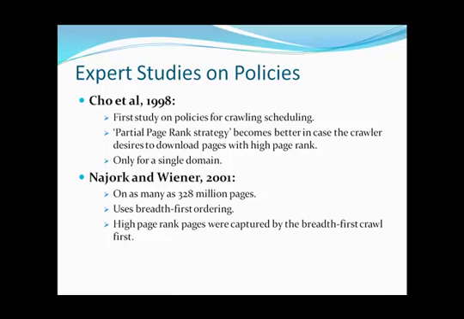They found that pages with high PageRank were captured by the breadth-first crawl. It was concluded that this was due to the fact that most important pages have numerous links attached to them from several hosts, and those links will be found early. Here they did not compare other strategies.